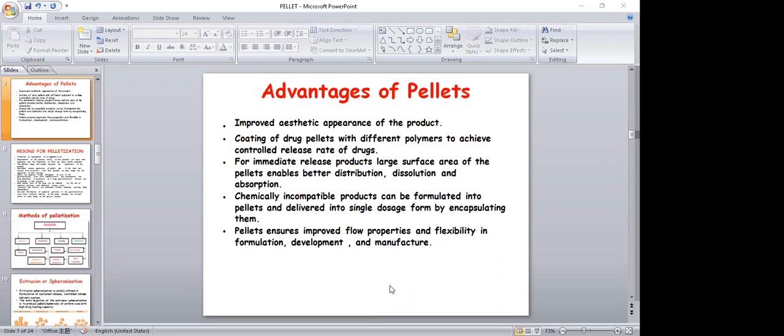Pellets also have very excellent flow properties, so they provide flexibility in formulation, development and manufacturing of various dosage forms. These are all the advantages of pellets.